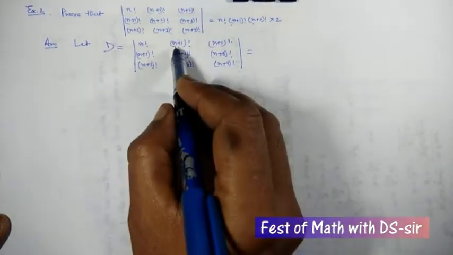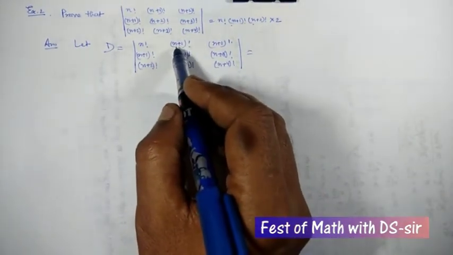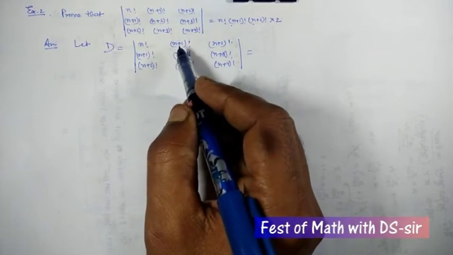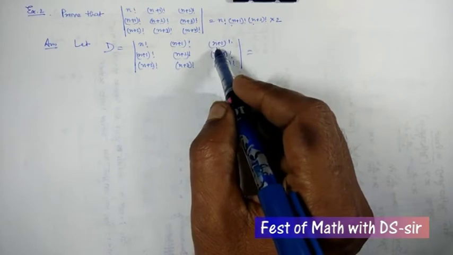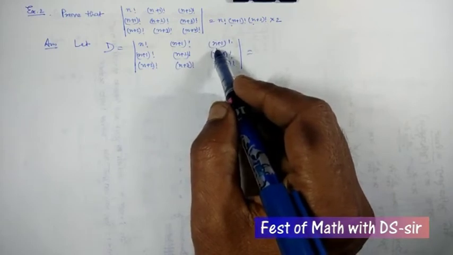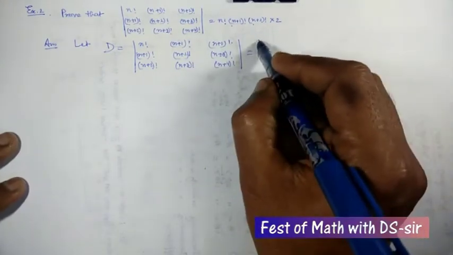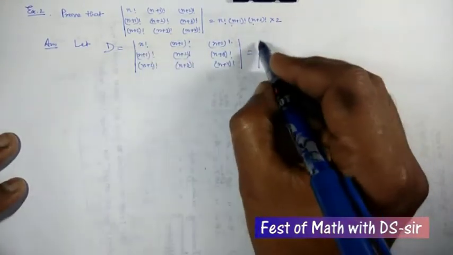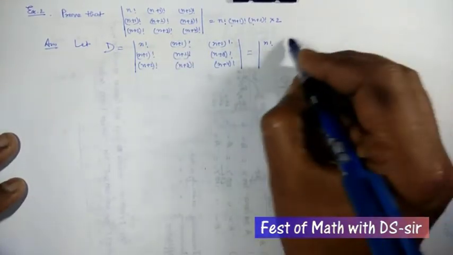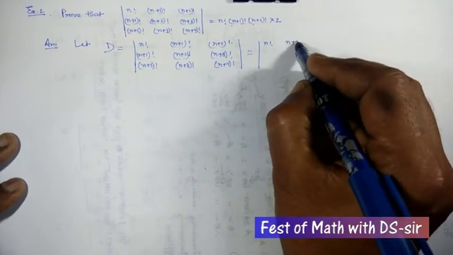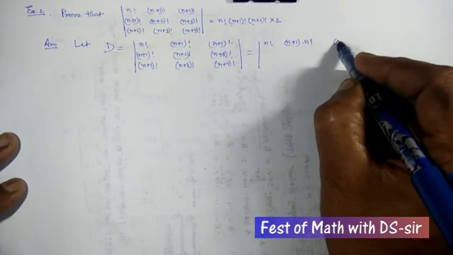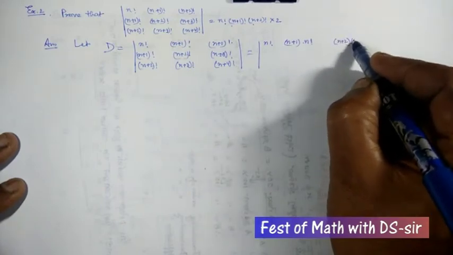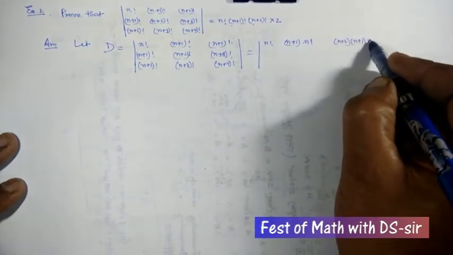Now see, n plus 1 factorial is n plus 1 into n factorial. n plus 2 factorial is n plus 2 into n plus 1 into n factorial. So we can write this as n factorial, n plus 1 into n factorial, n plus 2 into n plus 1 into n factorial.